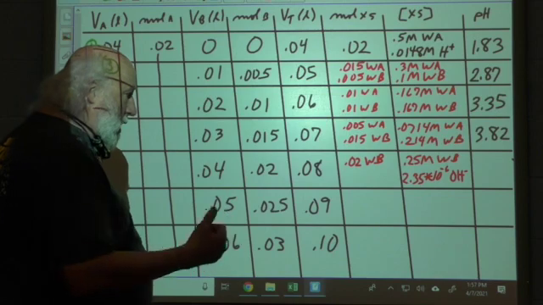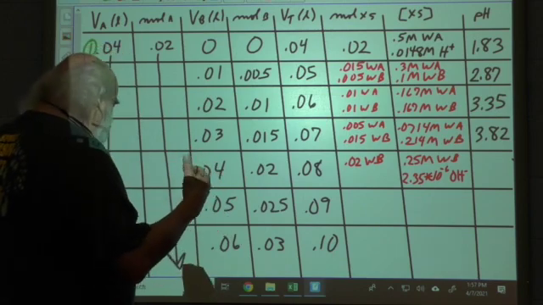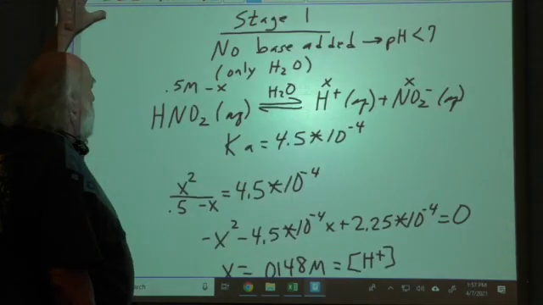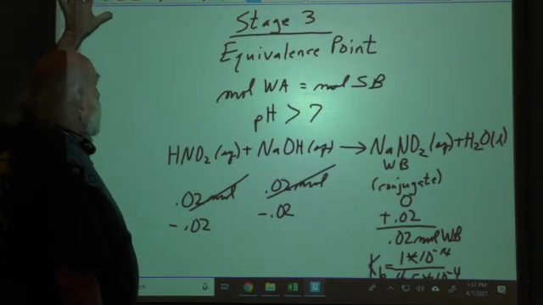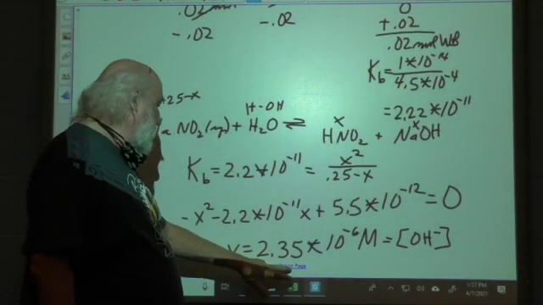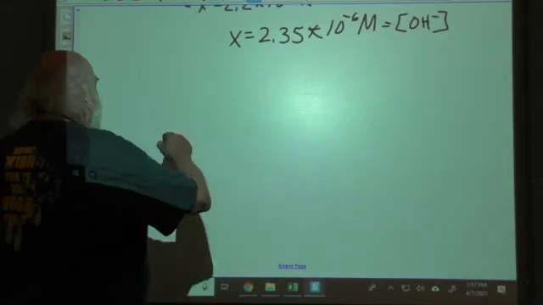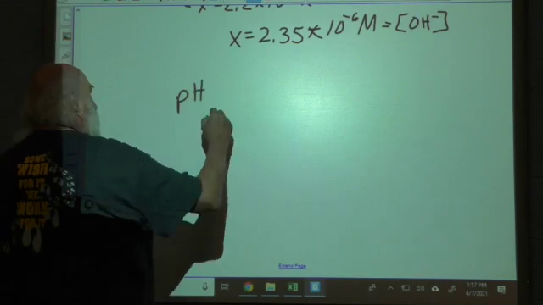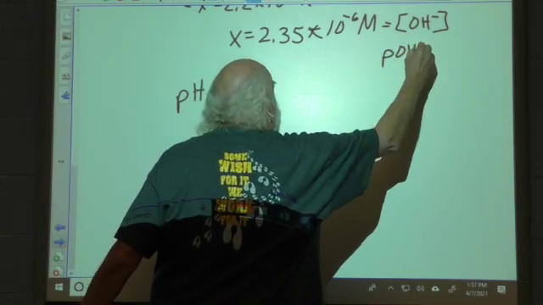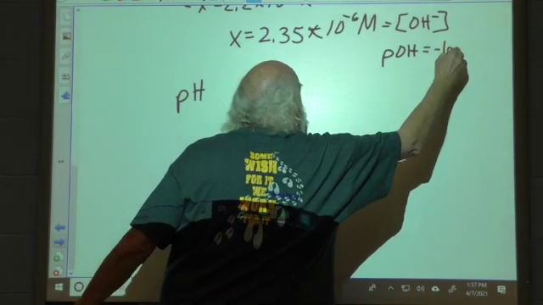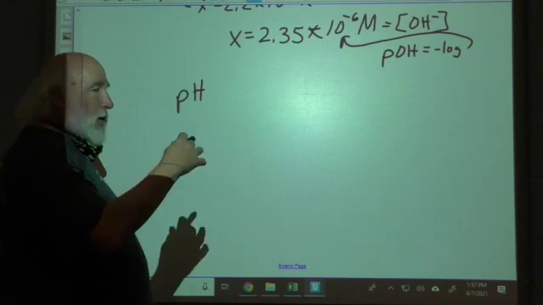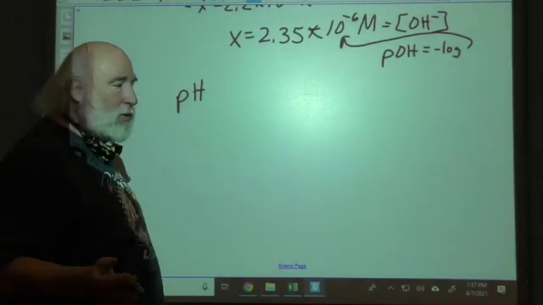Okay, so now let's quickly review how we did that before, because we did that in stage 4 of the strong acid, strong base. What I mean by that is this: if I want pH, I can get pOH here by taking the negative log of this quantity. And we know that pH and pOH add up to what?